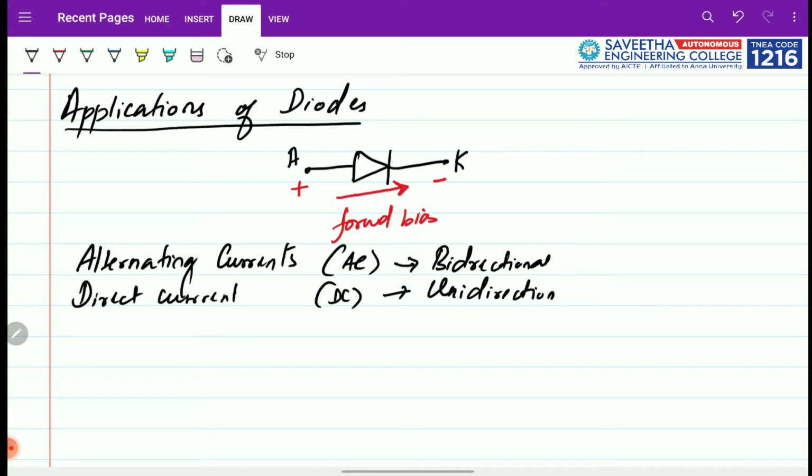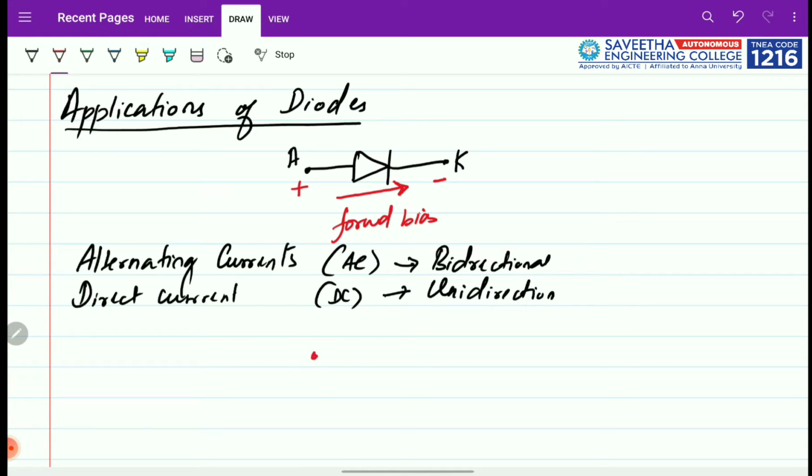It means that in AC the current can travel in both directions. It keeps alternating its direction. That's why it's named alternating current. But in direct current the current direction is always the same. This can be explained in a simple way.